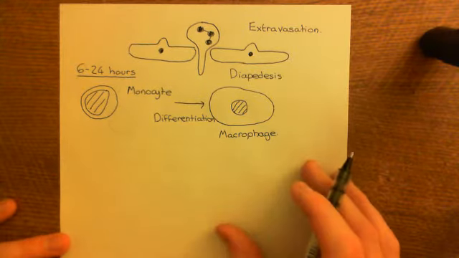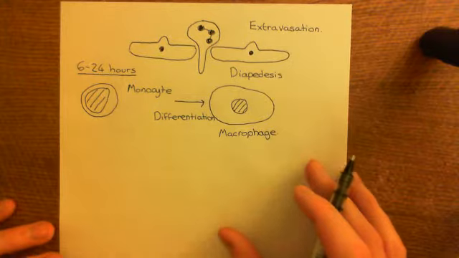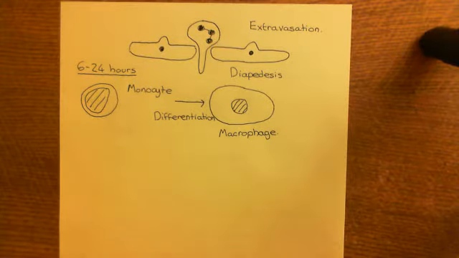So that now concludes the acute inflammatory response. We have recruited these leukocytes, neutrophils, and then later on macrophages, which are going to attack our pathogen. We've also brought in coagulation factors to try and contain the pathogen, and also complement proteins to directly attack the pathogen.